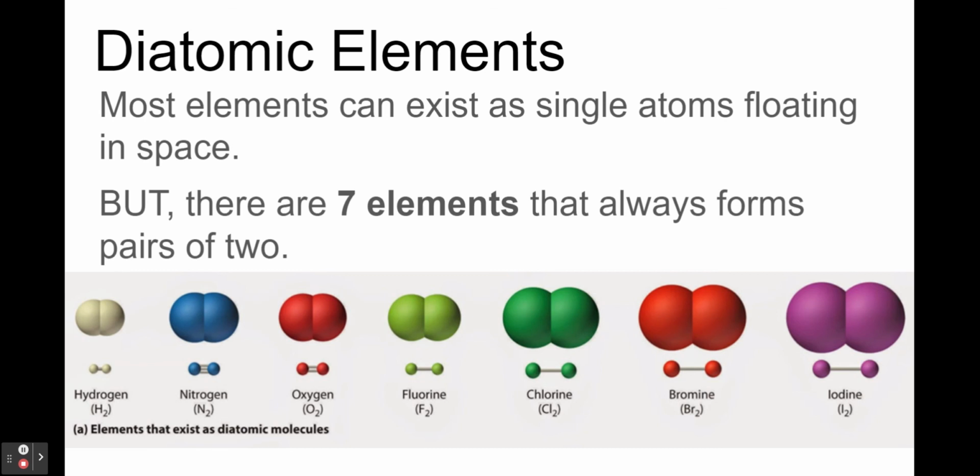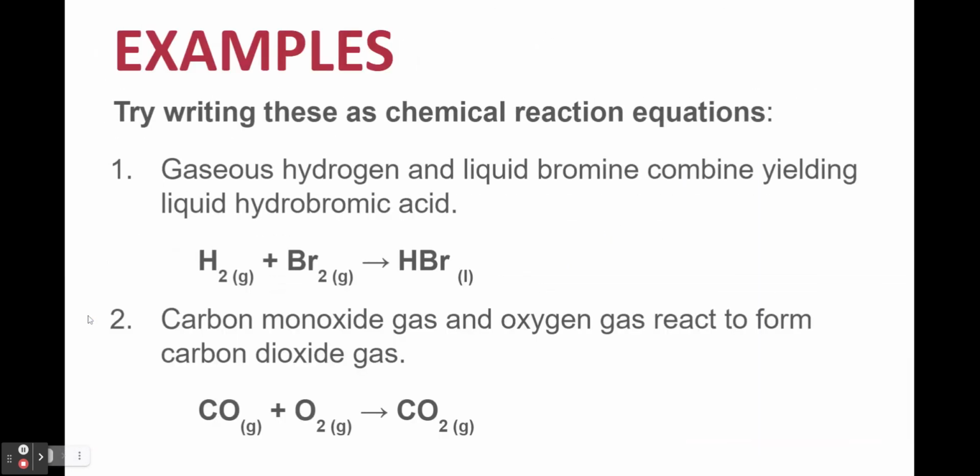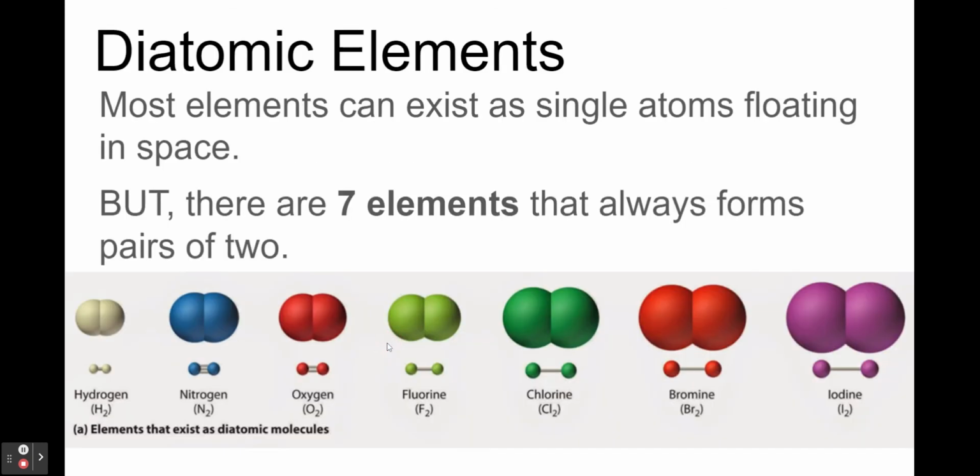So what that means is that anytime you have these show up in a chemical equation, like in those last examples, where it says gaseous hydrogen, liquid bromine, those are both diatomic elements. So when they're by themselves, they're not actually by themselves. They're in a pair of 2. Oxygen is the same way.